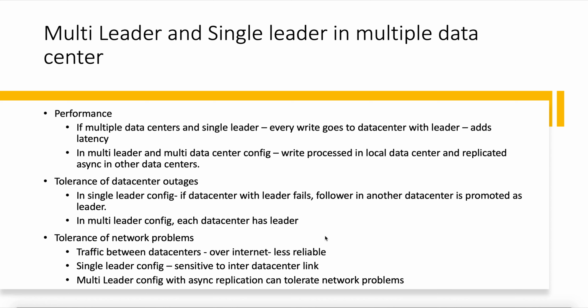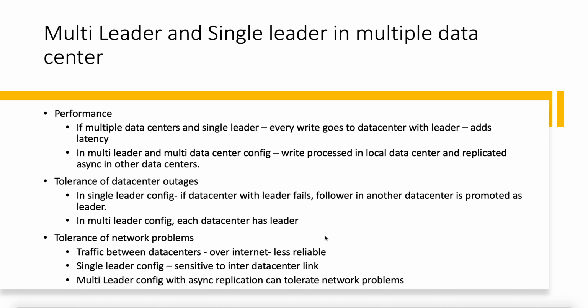Now let's understand the tolerance of network problems. The traffic between data centers usually goes over the public internet, which may be less reliable than the local network within a data center. A single leader configuration is also sensitive to inter-data center link problems because writes are made synchronously over this link.